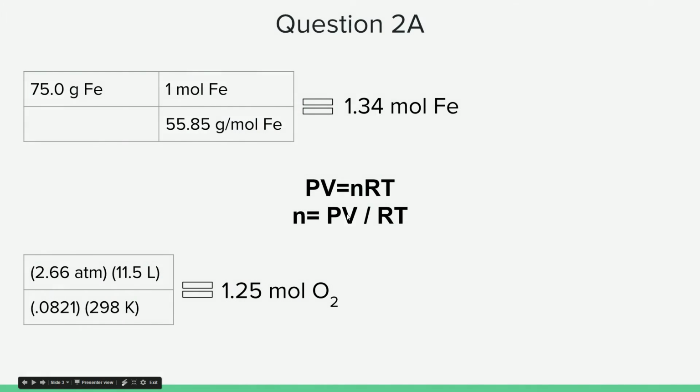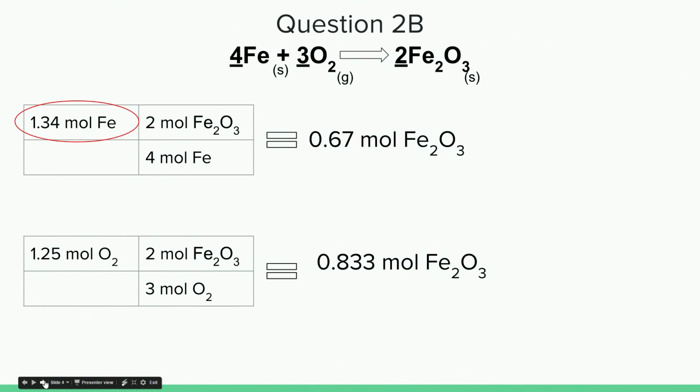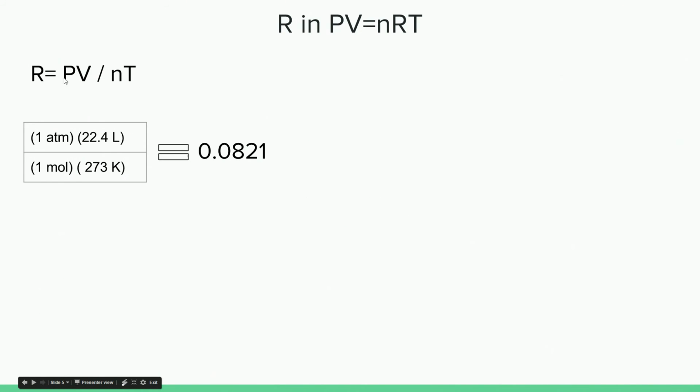So in this problem, we use the equation n equals PV divided by RT. And you know that P stands for pressure, V stands for volume, and T stands for temperature. But what does R equal? Well, if we modify the equation, it is R equals pressure times volume divided by moles and temperature.